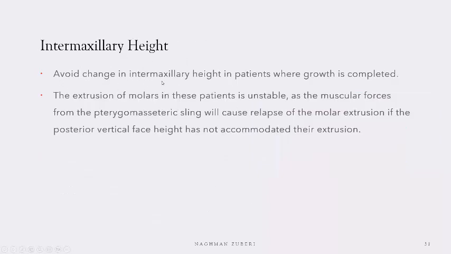Avoid change in the intermaxillary height in patients where growth is already completed. They are now beyond the prepubertal growth spurt. The extrusion of molars in these patients is unstable, as the muscular forces from the pterygomasseteric sling will cause relapse of the molar extrusion if the posterior vertical face height has not accommodated their extrusion.